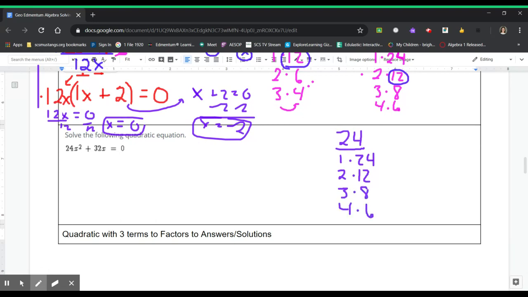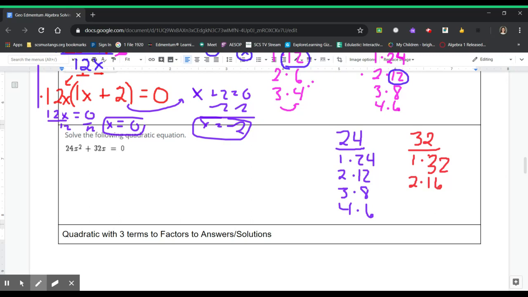And then I do the same thing for 32. 1 times 32, and let's see if 2 works. 32 divided by 2 gives us 16, so 2 times 16. Does 3 work? 32 divided by 3, nope. If you put that in a calculator, you end up with a decimal, so that's not going to work.